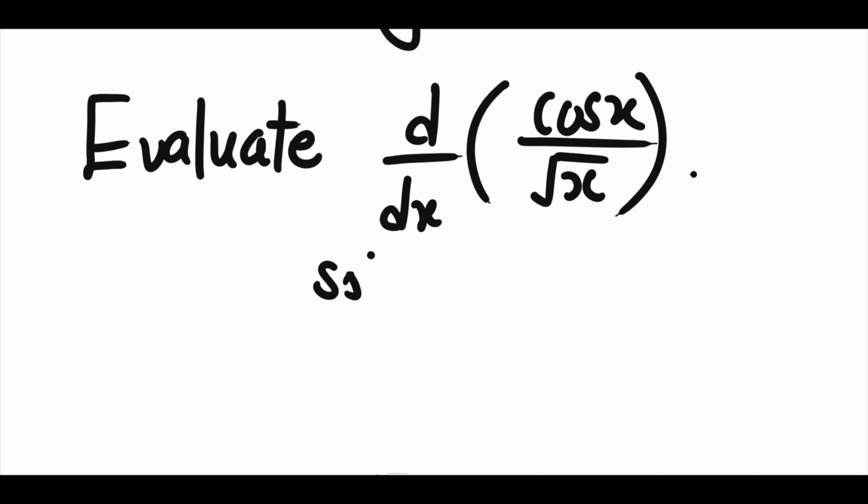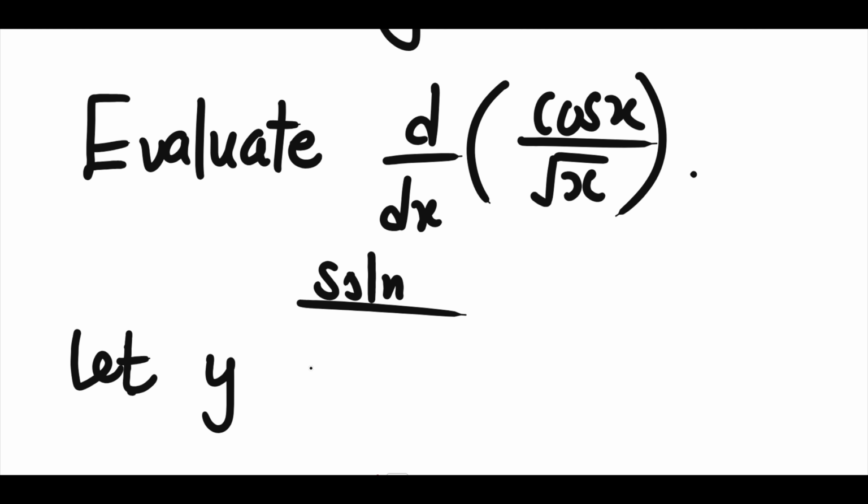So we have our solution. We can pick what we have in the bracket as y. So we say that let y be equal to cos x divided by the square root of x.